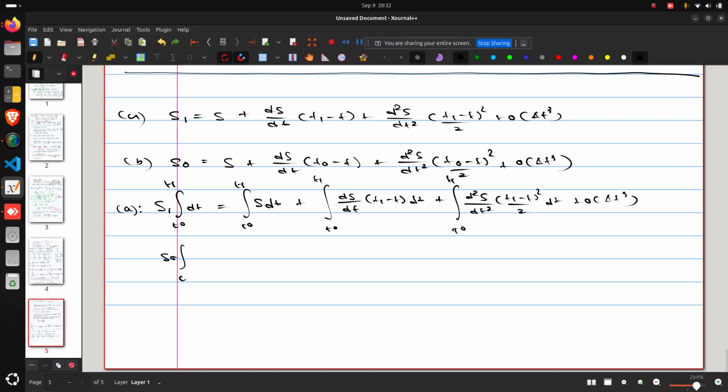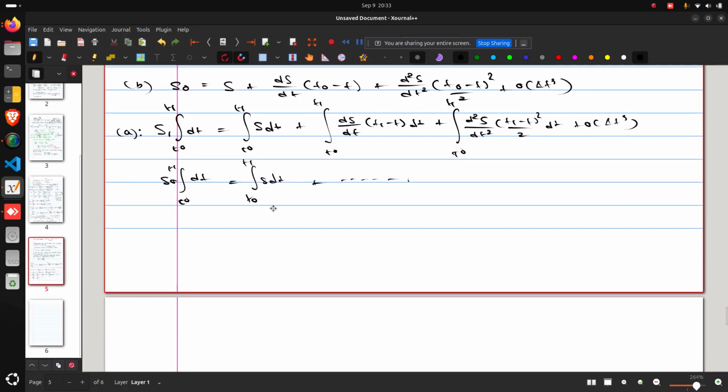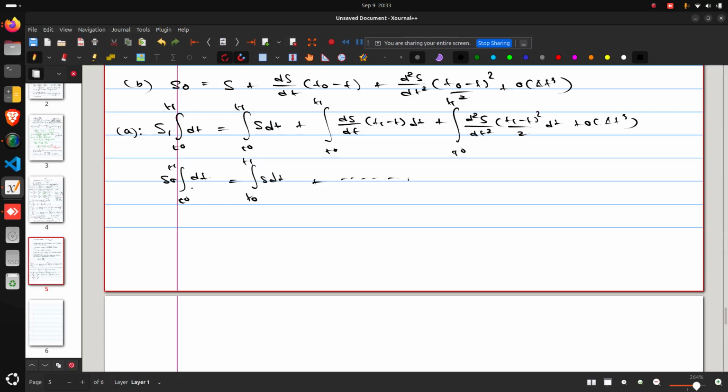Okay, so integral from t naught to t1 of S dt, plus the same things.